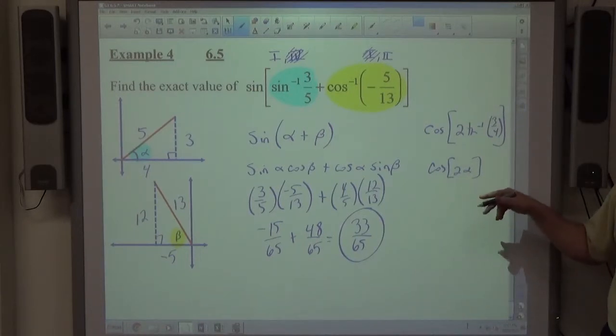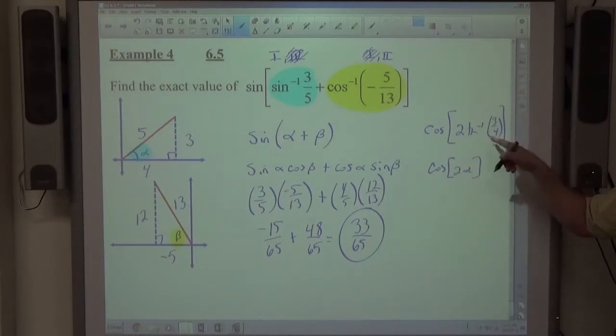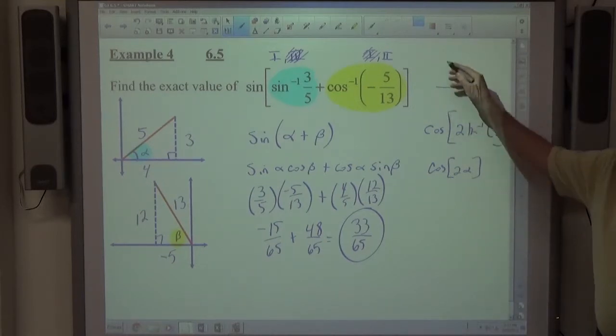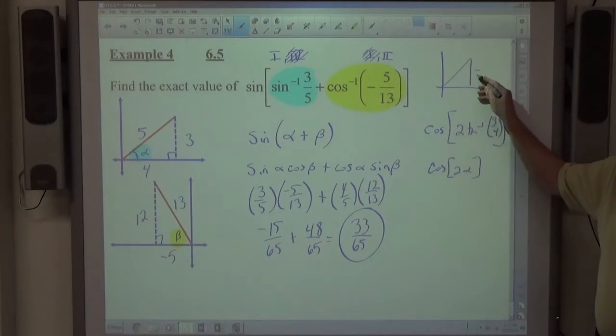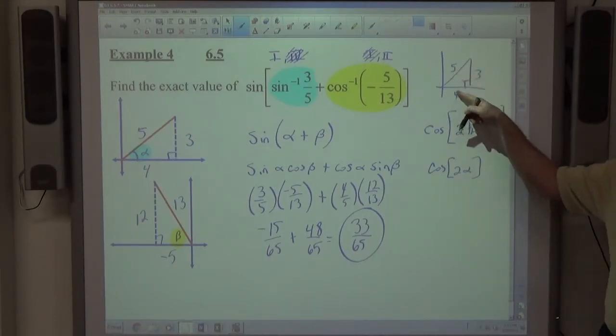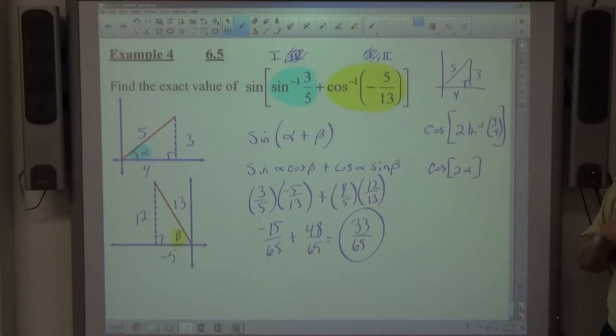Cosine squared minus sine squared, 1 minus 2 sine squared, 2 cosine squared minus 1, take your pick. Inverse tangent of 3/4, first quadrant, opposite side 3, adjacent side 4, hypotenuse 5, sine 3/5, cosine 4/5. Just like that, I can find the sine and cosine of alpha real easily. I can evaluate it. So this is cosine of twice an angle, that's a double angle formula.